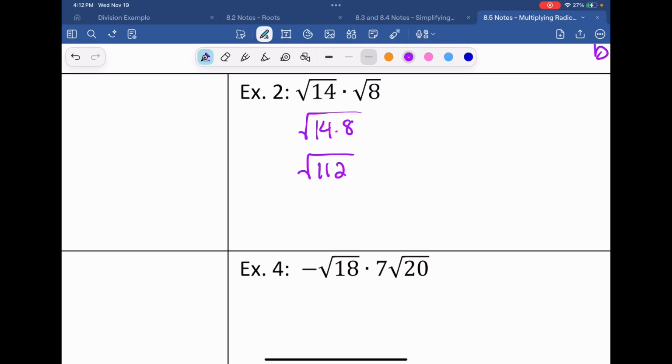And now I'm figuring out the largest square that divides evenly into 112. All right, so far I'm down to 25, which doesn't go in. 16. And the square root of 16 is 4.